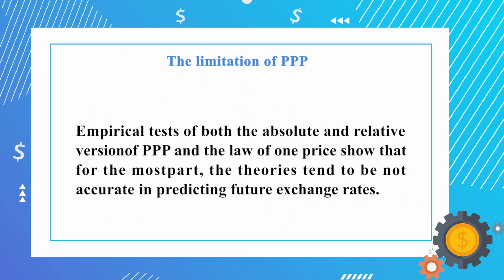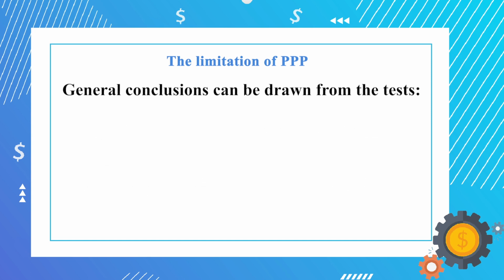Empirical tests of both the absolute and relative version of PPP and the law of one price show that, for the most part, the theories tend to be not accurate in predicting future exchange rates. General conclusions can be drawn from the tests.